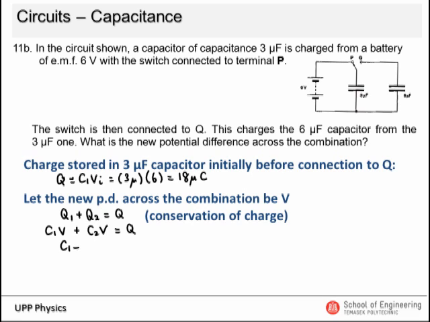C1 plus C2, the whole thing times V, is equal to Q. Now, let's substitute in the values that we know. C1 is 3 microfarad, C2 is 6 microfarad. The potential difference V is what we need to find, and the original charge stored in the 3 microfarad capacitor is 18 microcoulomb. Therefore, V is calculated to be 2 volts. I hope with this question, we have a better understanding of circuits. Thank you.